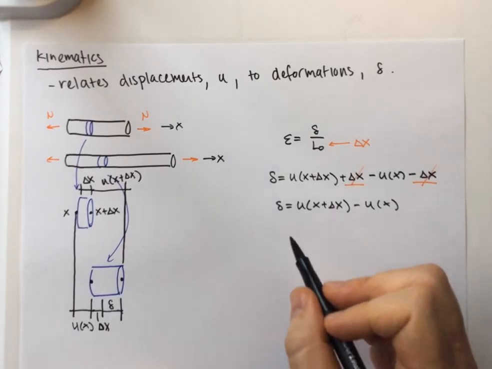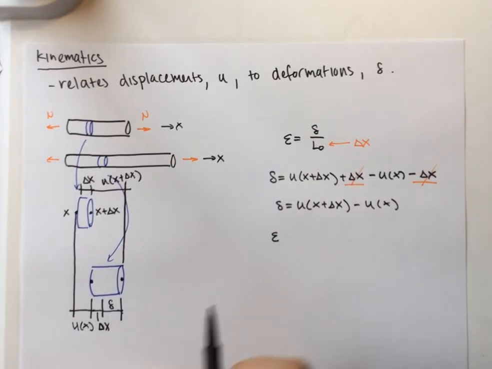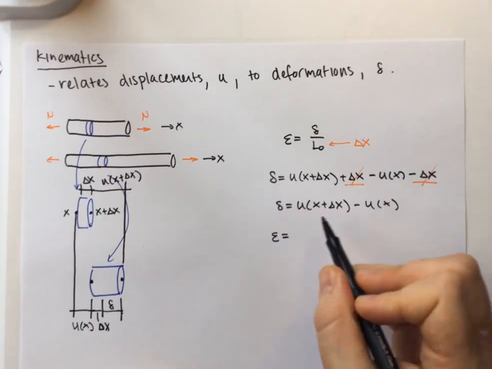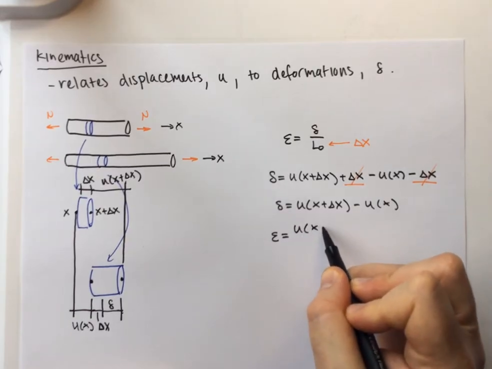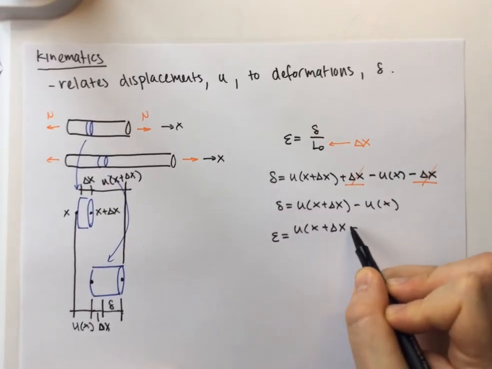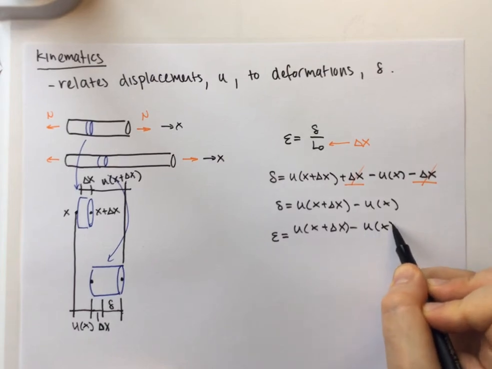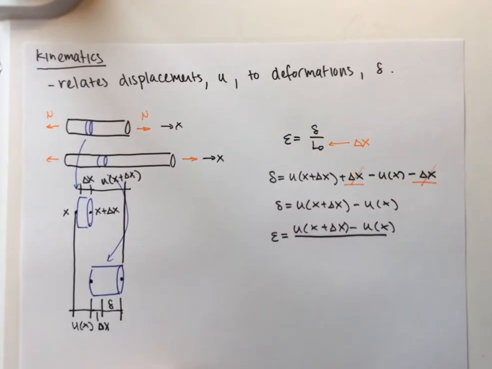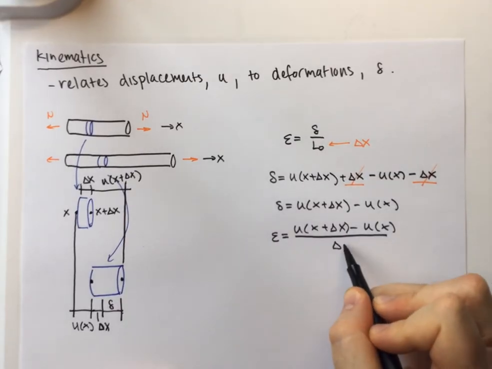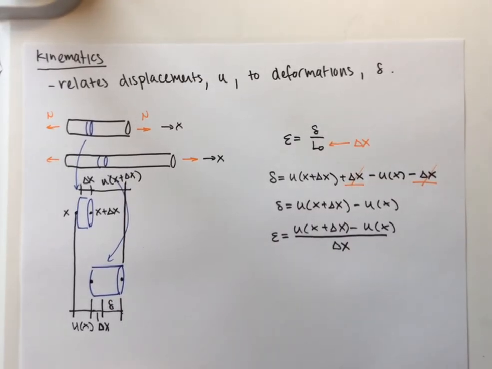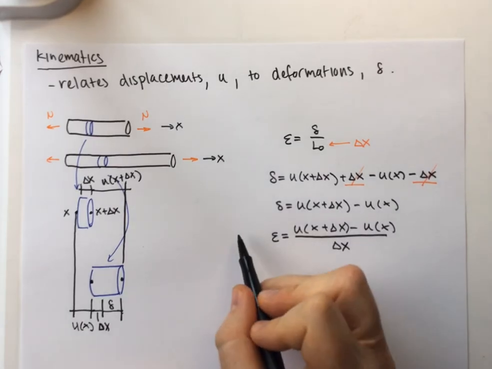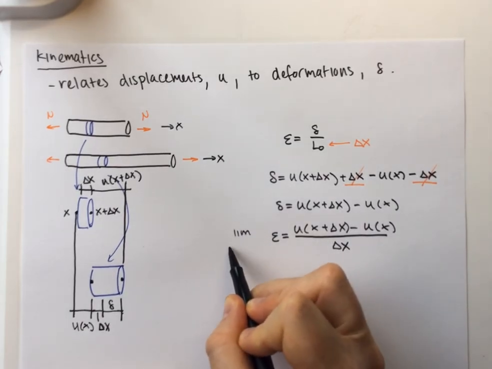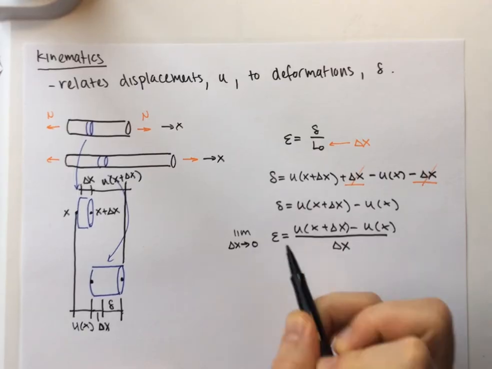And if we want to calculate or determine the strain, we can put that on top. So that's u of x plus delta x minus u of x. And we're going to put all of that over our original length, which we said already was delta x. And you can see where this is going. We're going to take the limit as delta x approaches 0.